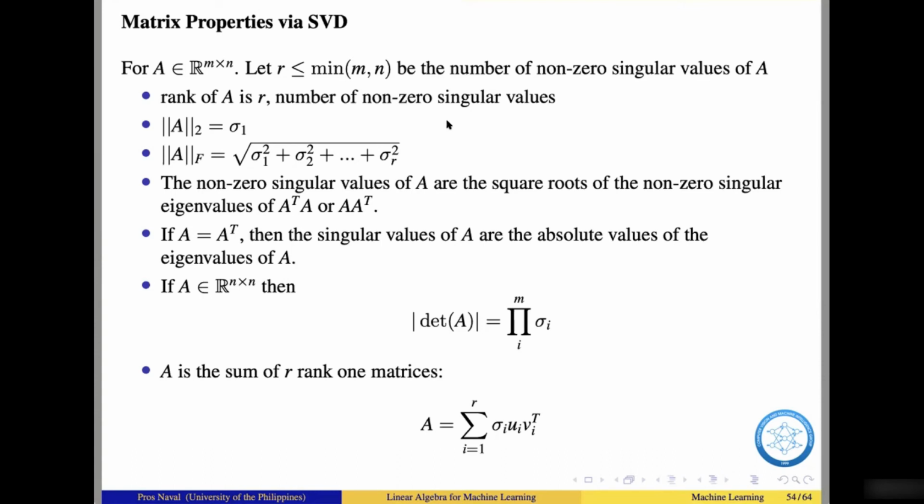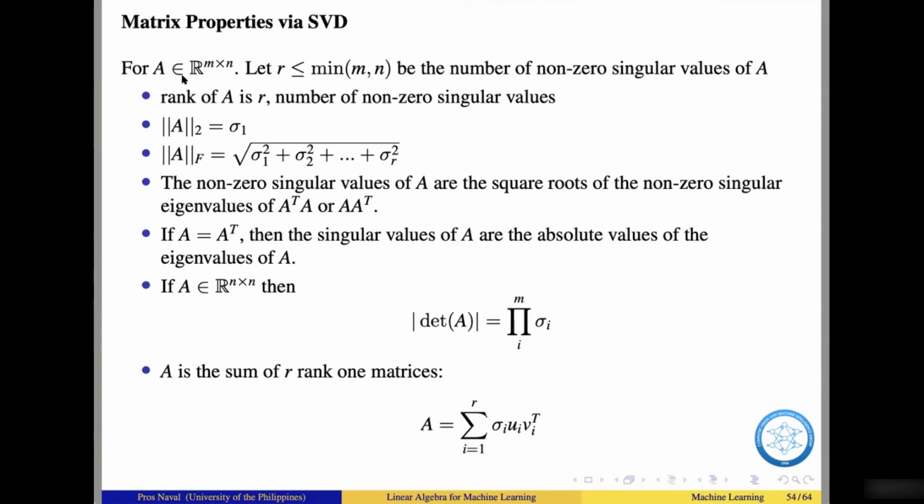Now, for the general case where we have a rectangular matrix, how do we get these norms? How do we get the determinant? Well, these are computed very easily using the singular value decomposition.